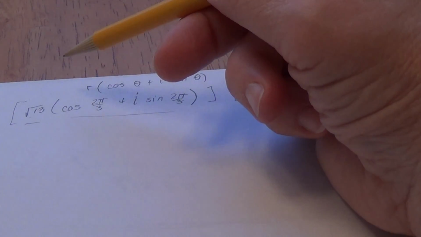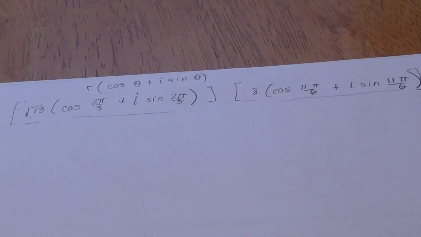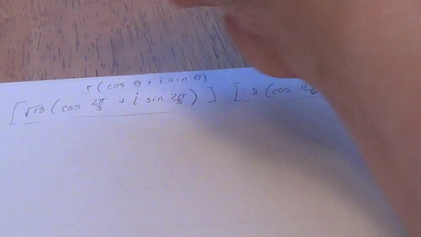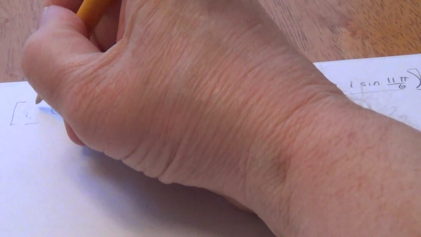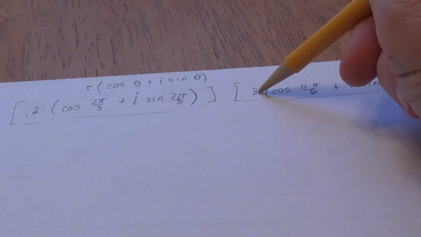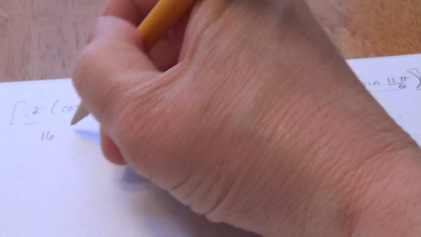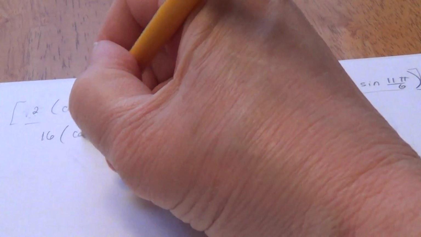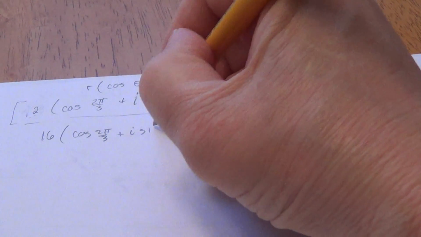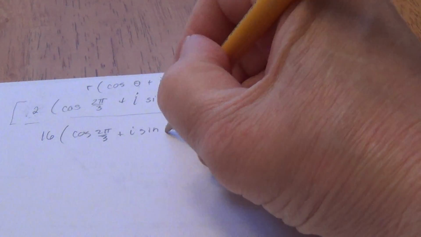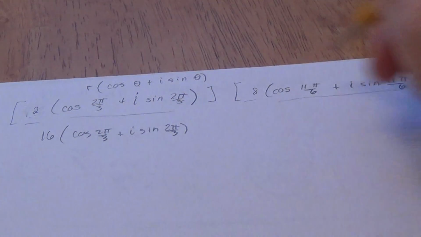So I'm going to multiply, let me simplify this if you don't mind. Let's just call it a 2. And if we multiply 2 times 8, we get 16. And what's left is this factor times this factor.